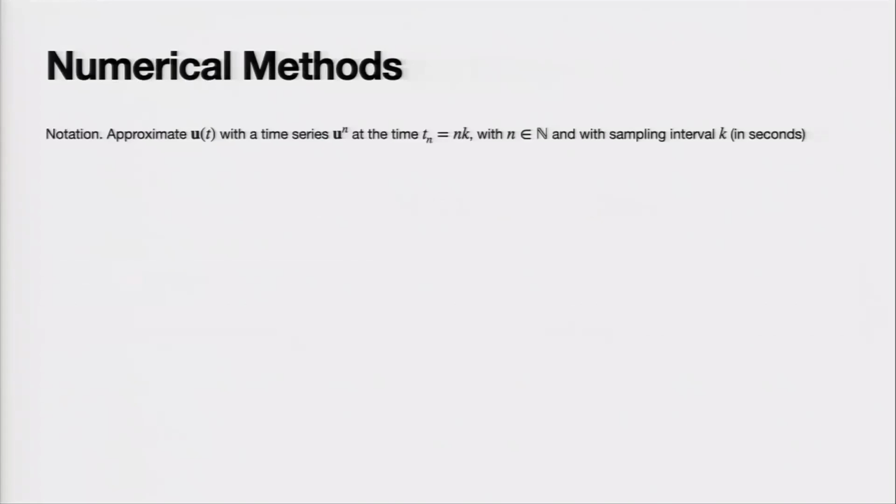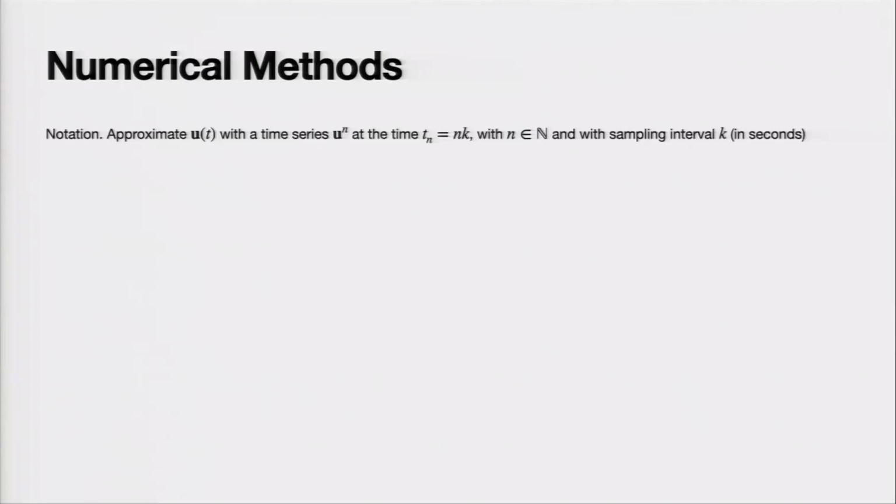Some notation again. Here we will have to work with a lot of vectors that are defined for a continuous time t. Now we're looking for numerical approximations of these vectors in time. So the notation is that U^n defines the time series at the time step n.